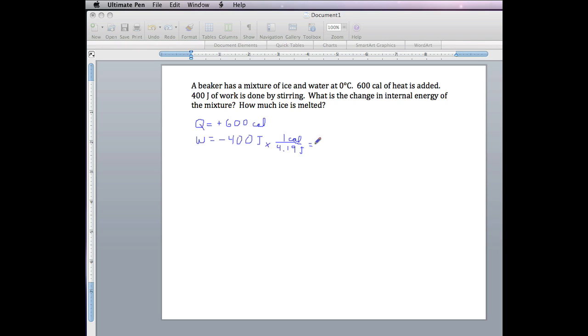When we work that out, we'll get approximately negative 96 calories.